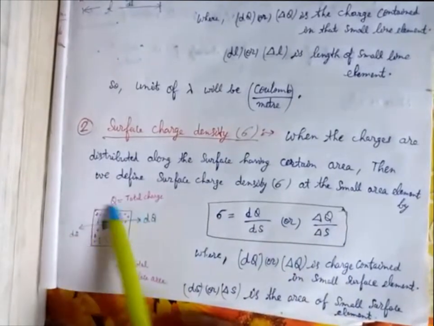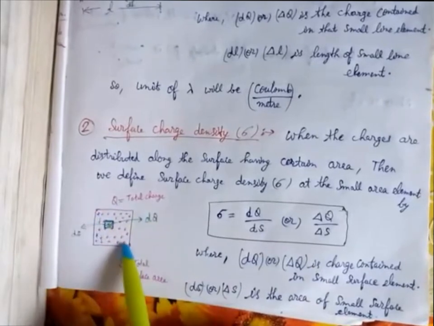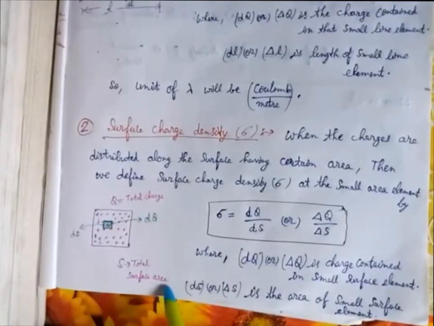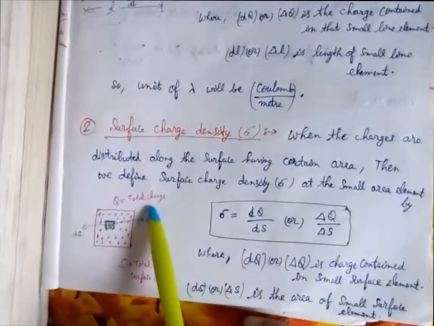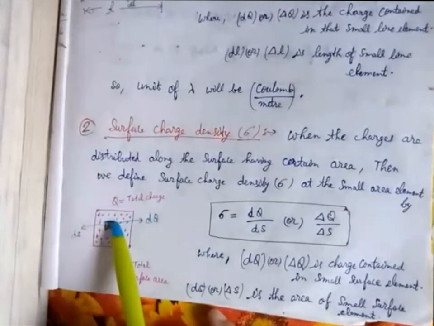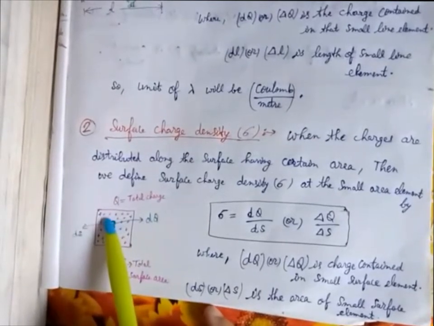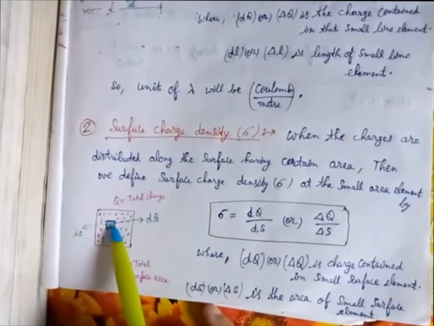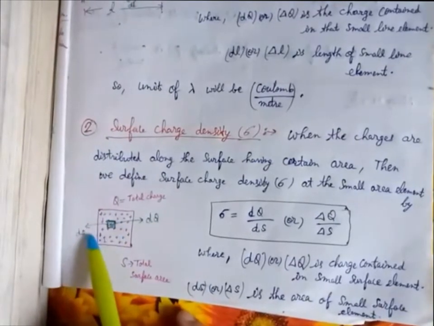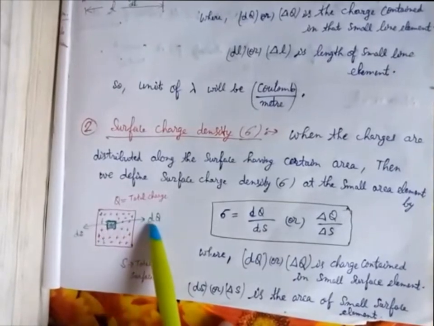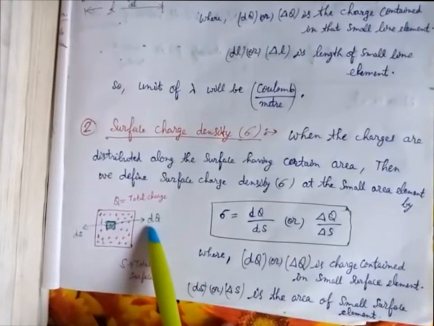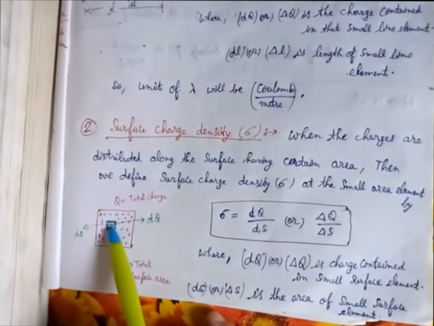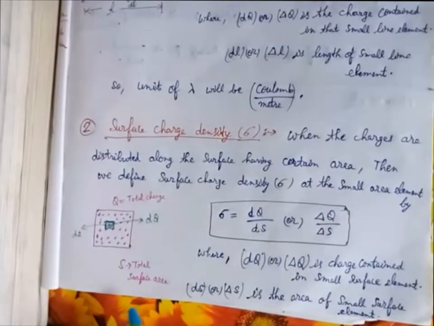Like this is a square surface, s is the total surface area of this surface, q is the total charge, and we have taken a small element of area ds, which has the charge dq contained over that small area element.